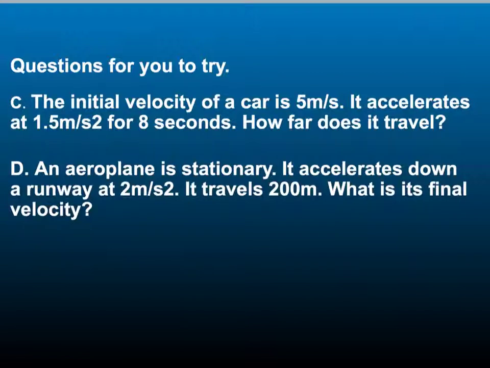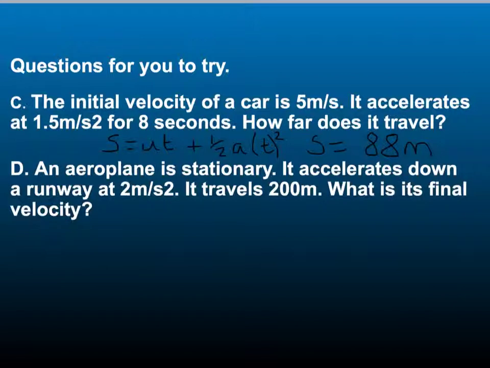Okay, so with the first question, you should have decided that the best equation for you to use will be s equals ut plus half at squared. Remembering that it's just the t bit that you are squaring. You should have found out that the distance equals 88 meters.